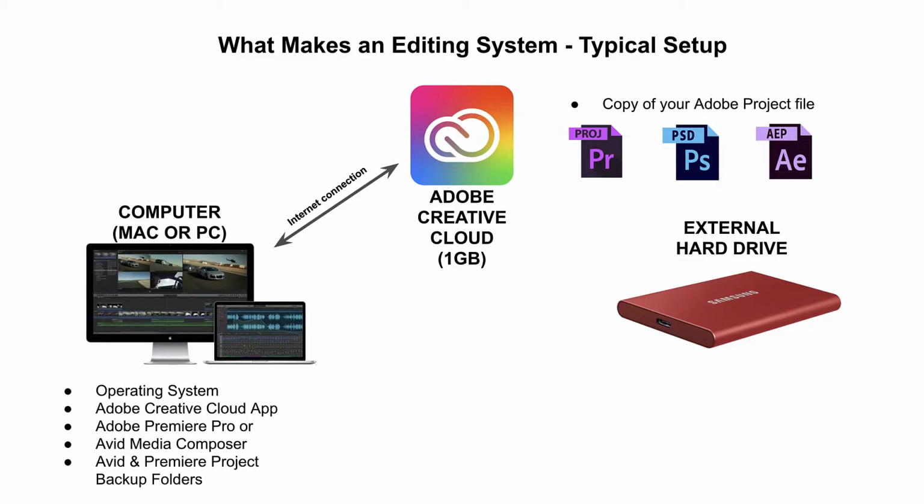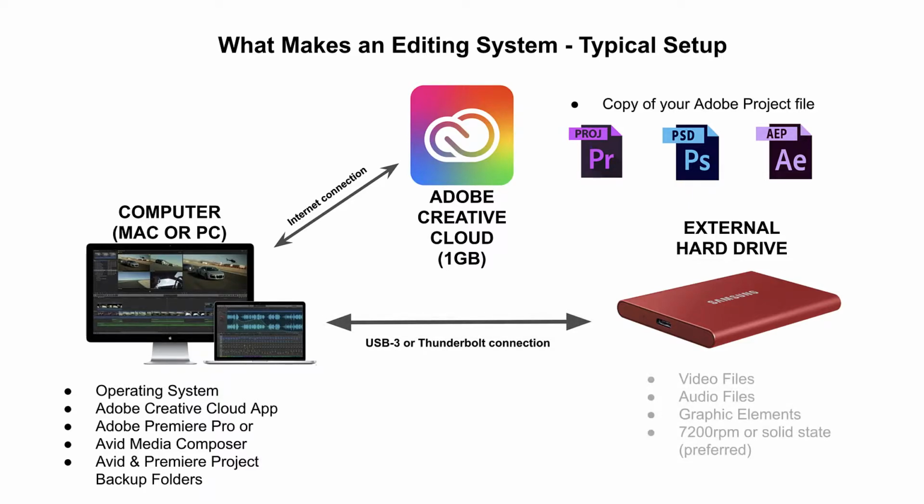You'll need an external hard drive for an editing system. For your work here at school, I recommend you have at least a 1 TB drive. This drive will hold all your materials for creating your videos, like video files, audio files, and any graphic elements you have.